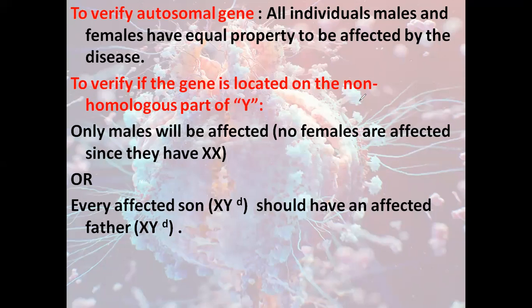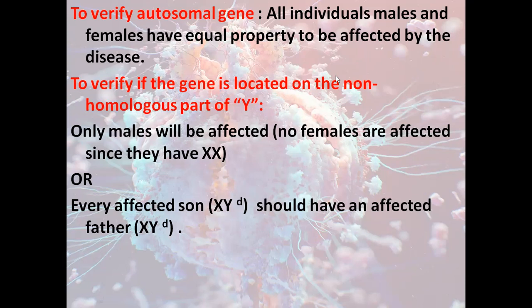Why? Because it's located on the Y, and the Y should be inherited from the father, and the X should be inherited from the mother. This Y^D carries the allele of the disease. So the father should have XY^D also and should be affected. But if the father is normal, then this is not the case, and it's not located on the non-homologous region of Y. These are the first two cases.